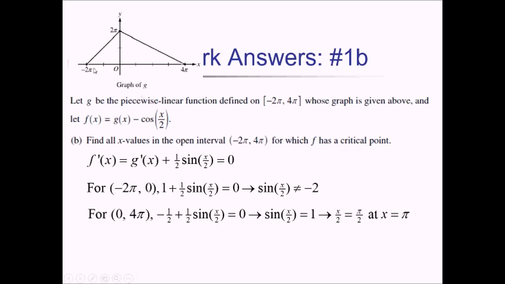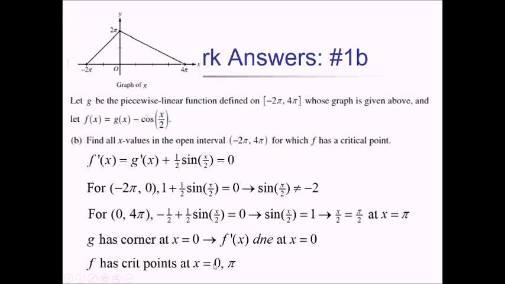Because if you look at the graph of g, there is a non-differentiable spot. Right here at 0, g has a corner where you can't take the derivative. Since g prime does not exist at that corner, that means f prime does not exist at that corner. So you also have a critical value then at 0, as well as pi, because f prime does not exist at 0.